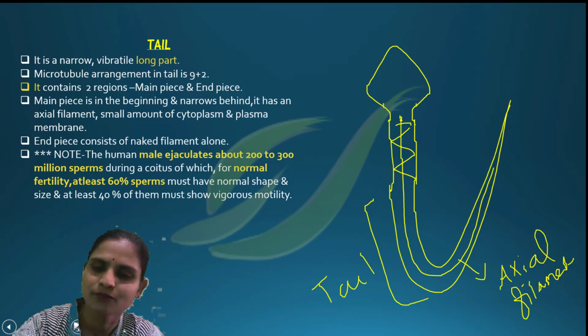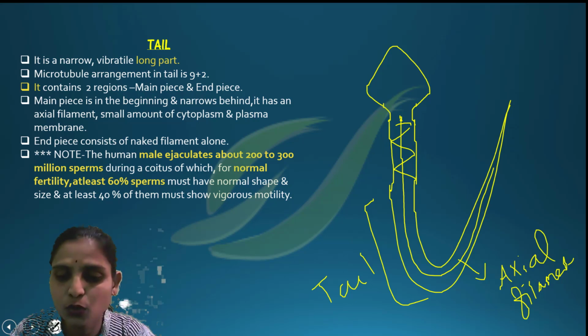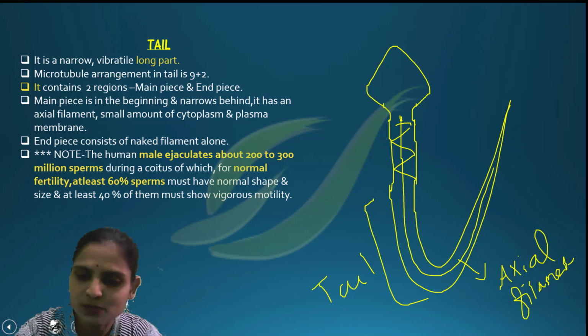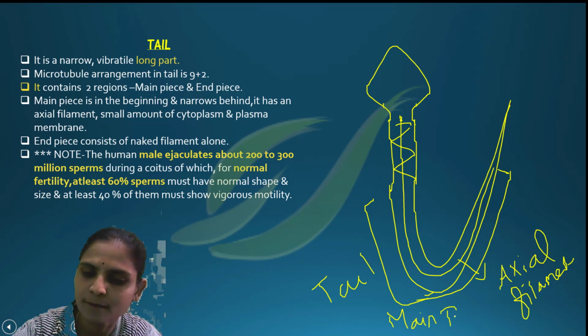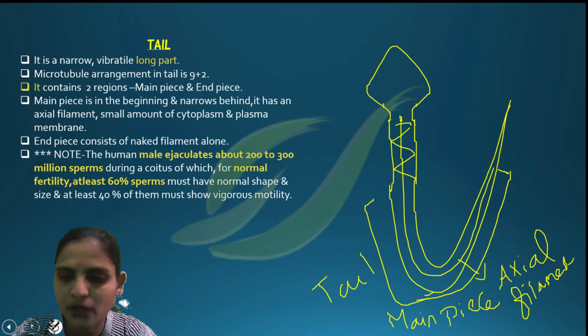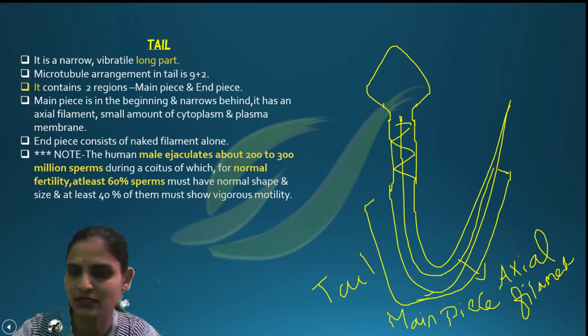We can find here that the tail can be differentiated into two regions. Till here it is called the main piece, which consists of plasma membrane as well as cytoplasm.